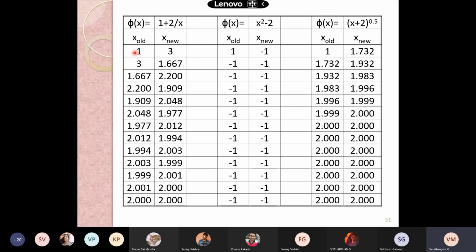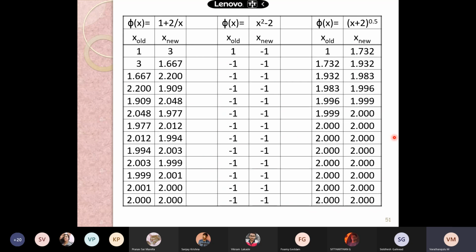In all these three cases we depend on the same initial guess, which is 1. In the first case the result is 3, in the second case it is minus 1, and in the third case it is 1.732.